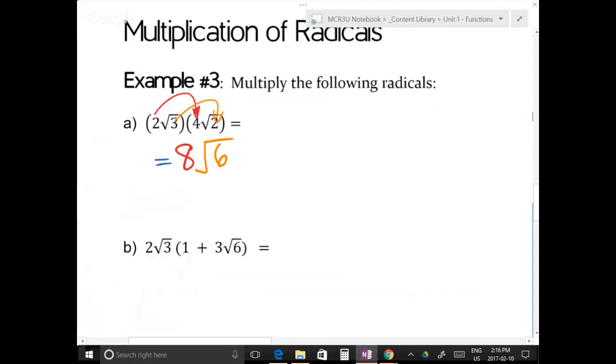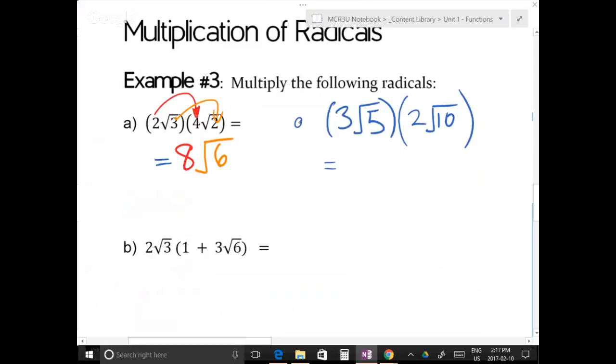Would you like one more really simple one before we do one that has the distributive property? Would that be helpful? Let's try this. Let's do 3 root 5 times 2 root 10. This is a good one because it'll get some simplification in there too. It is easy, I promise.